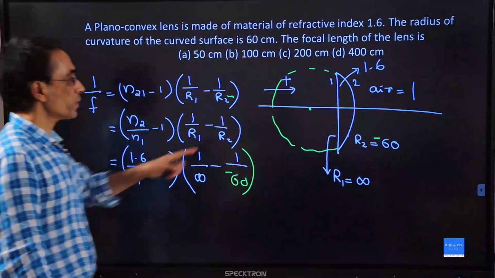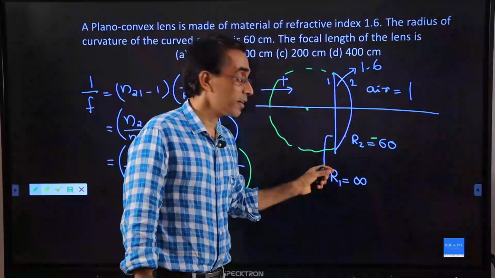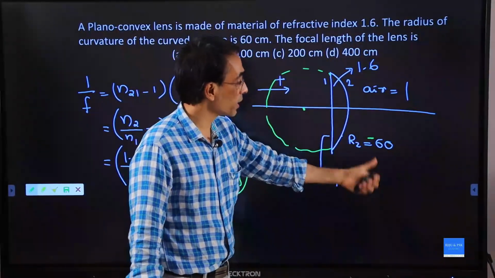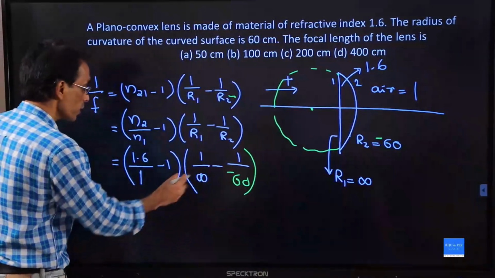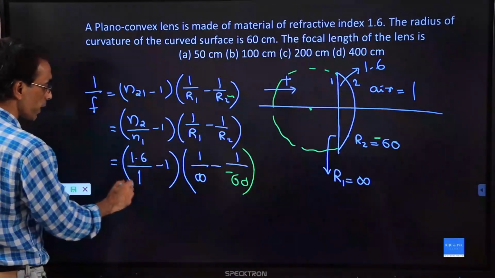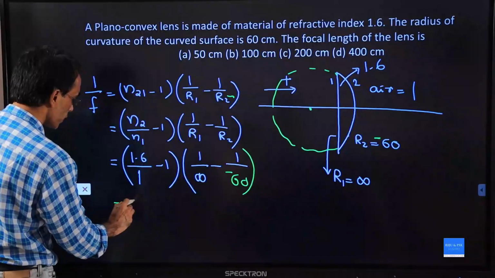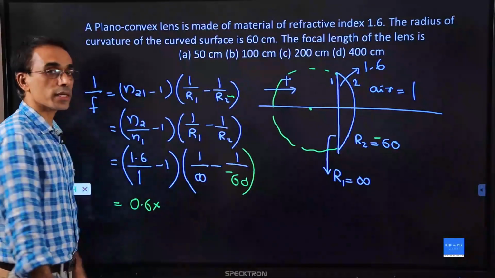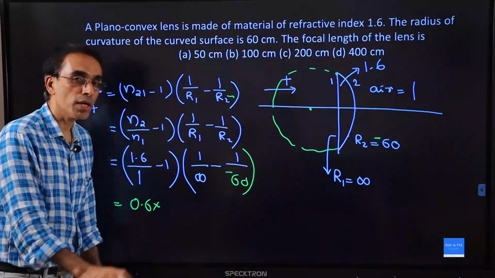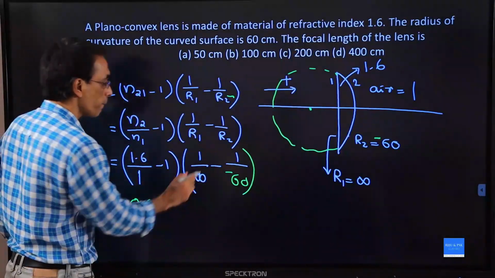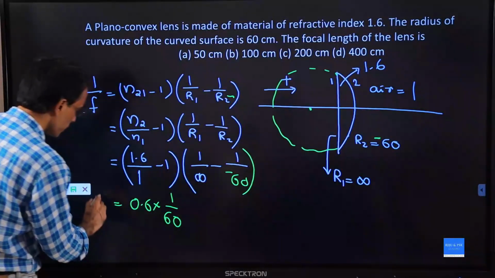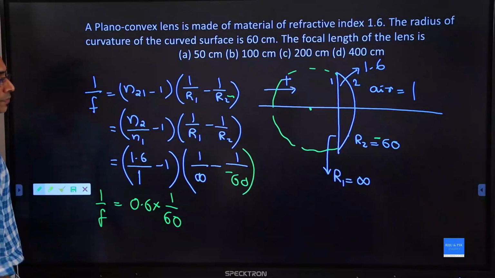So the first surface is plane, with radius infinity. The second surface has a radius 60, but it is negative. Substitute that here. This gives you (1.6/1 - 1), which is 0.6, into 1 by infinity, negligibly small, so take it as 0. Minus of minus is plus, which gives you 1 by 60. This is 1 by f.